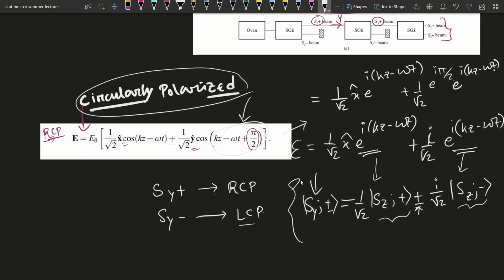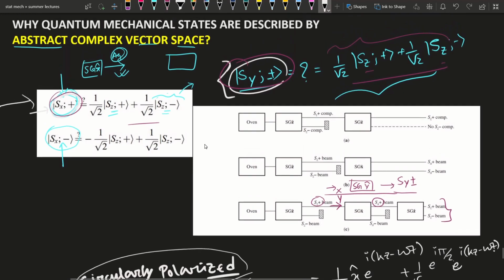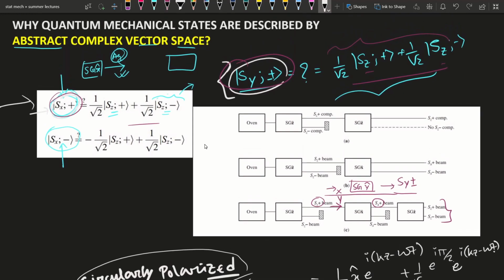So here you can see that there is an i term, meaning this is no longer a real quantity; it now becomes complex. So this is a vector obviously, but it is not a normal vector, not a normal xy position vector.